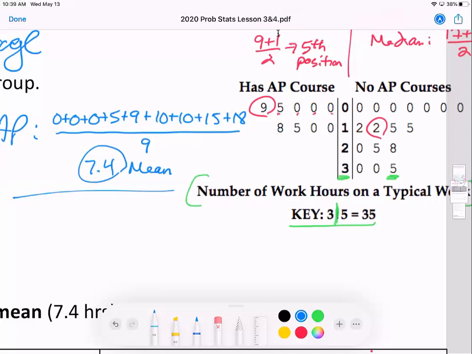So that would be 2.6, 2.6, 7.6. Then lastly, 18 minus 7.4, which is 10.6. So that's the farthest away from the mean.